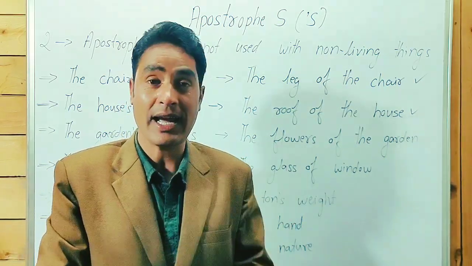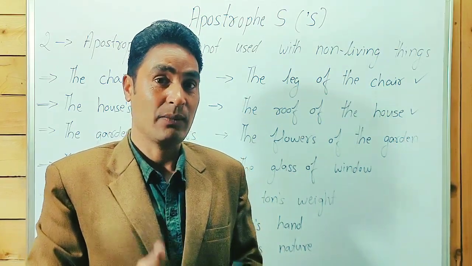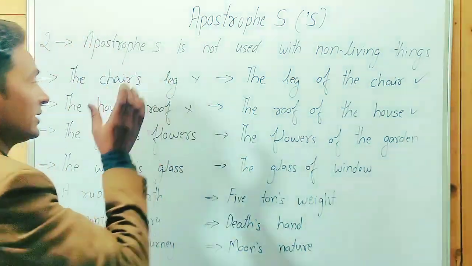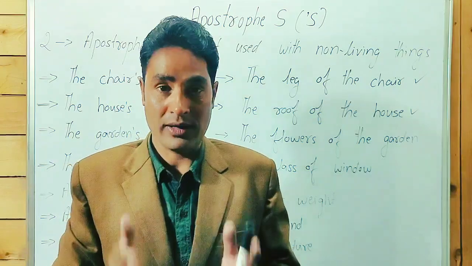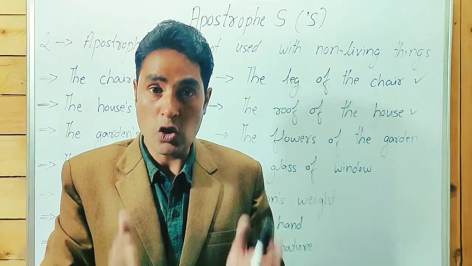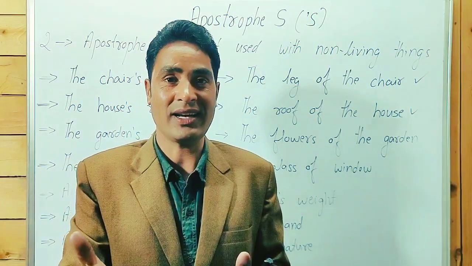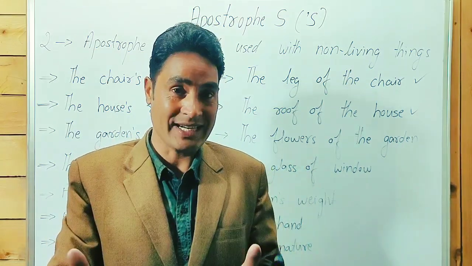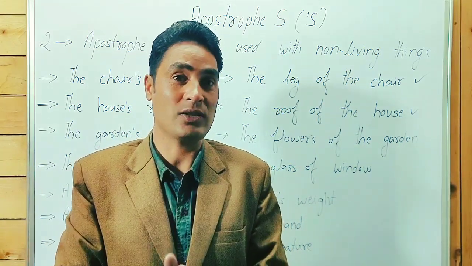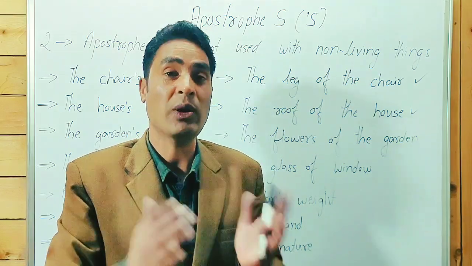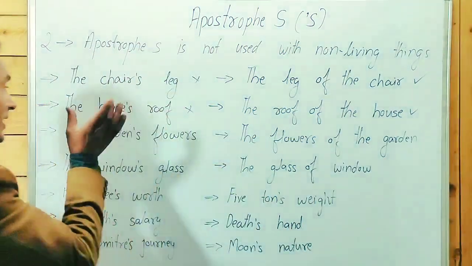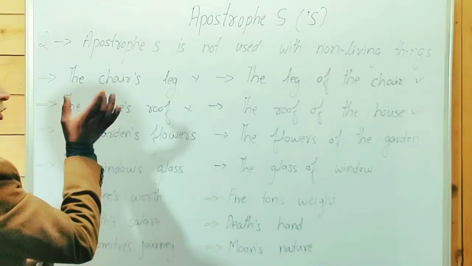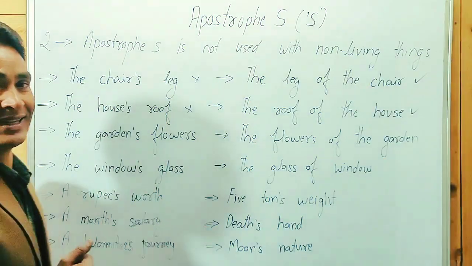But when we talk about living beings, human beings, Rohan's father, Rohan's sister, Rohan's father cannot be changed, Rohan's sister cannot be changed. We can't replace a human being. So that's why we don't use apostrophe s with non-living things.